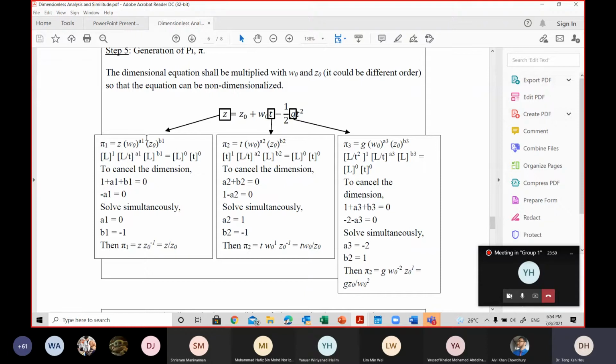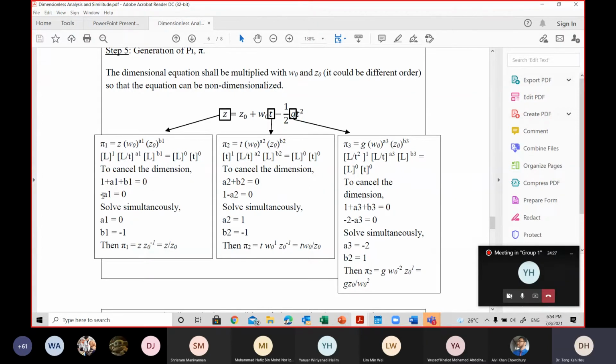You just need to know, right? Because of the power, L power 1, your WO is L per T to the A1 and L to the B1. So to understand what is your power value, you need to consider L1 plus A1 plus B1 equal to 0. So you write the first formula. And second, when you consider the T, my WO is L over T. That's why it should be T negative 1 times A1, right?